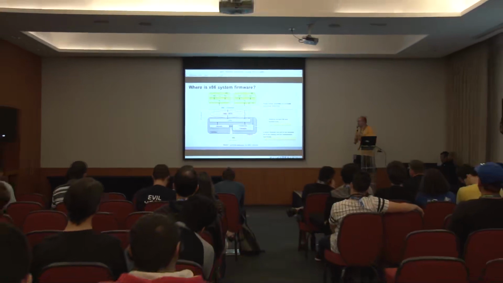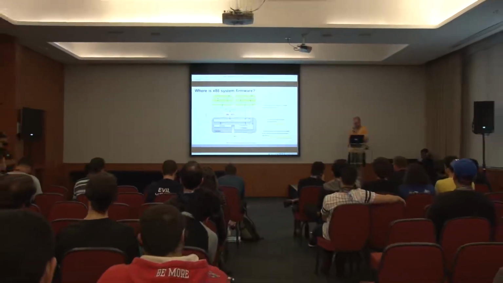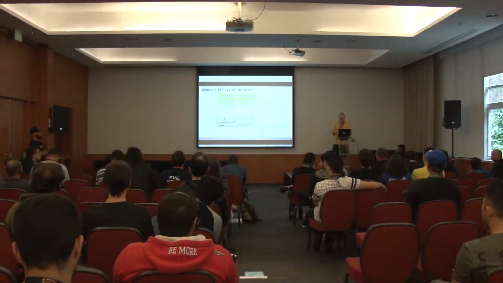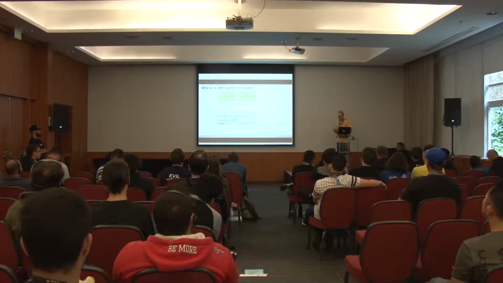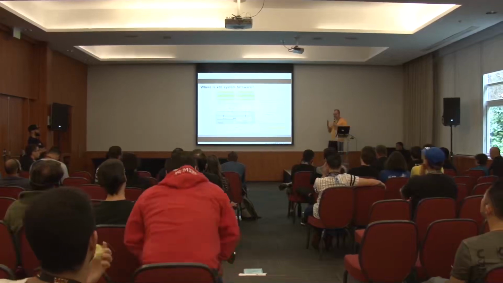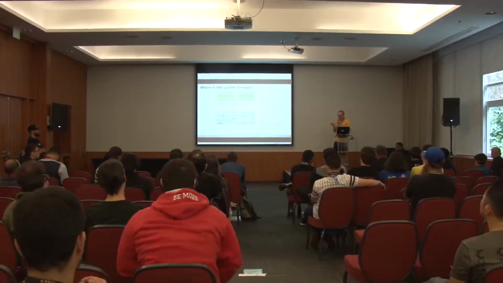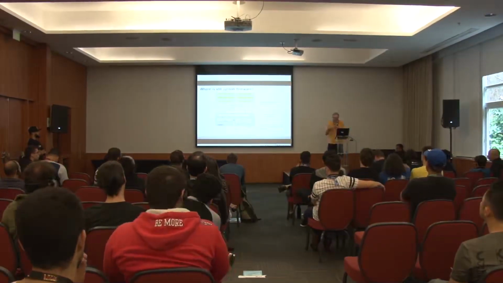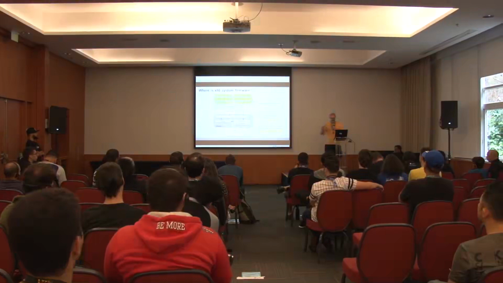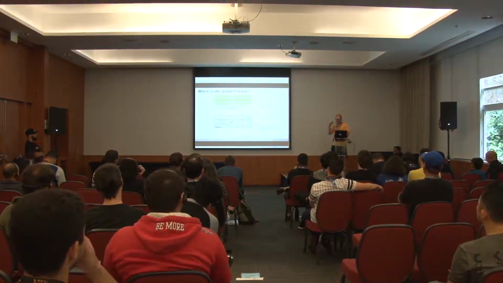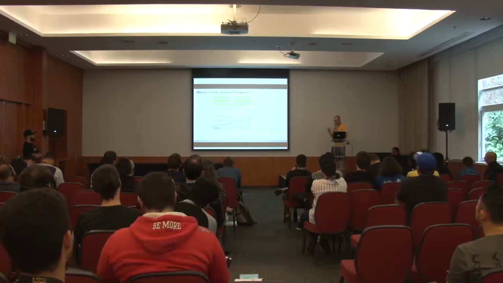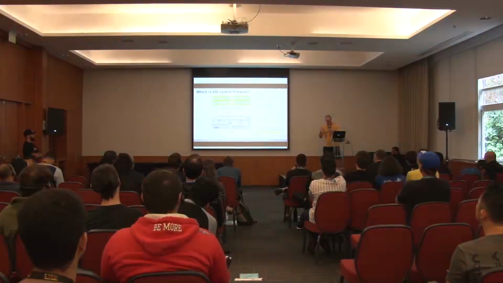Then we have the SMM and BIOS. SMM, system management mode, is the most privileged code in the system, which is basically a runtime part of the BIOS. In an x86 system, the BIOS has two parts: the boot time part and the runtime part. The boot time part is the code which runs right after the system is on, and the runtime part of the BIOS supports some functionality during runtime.